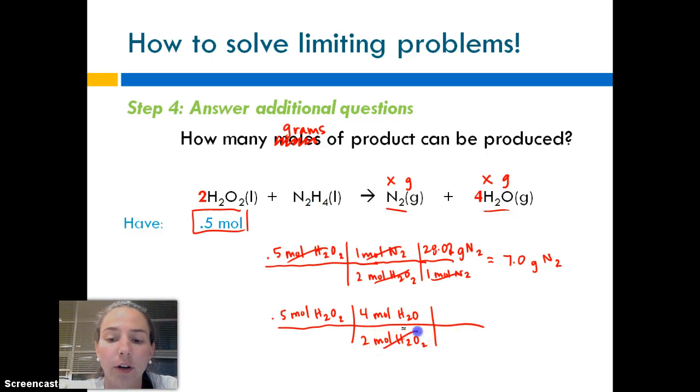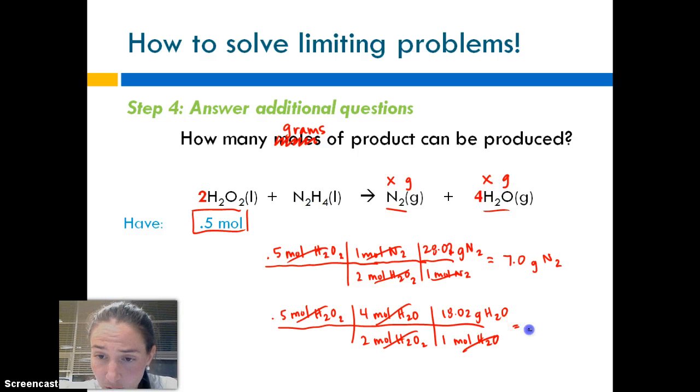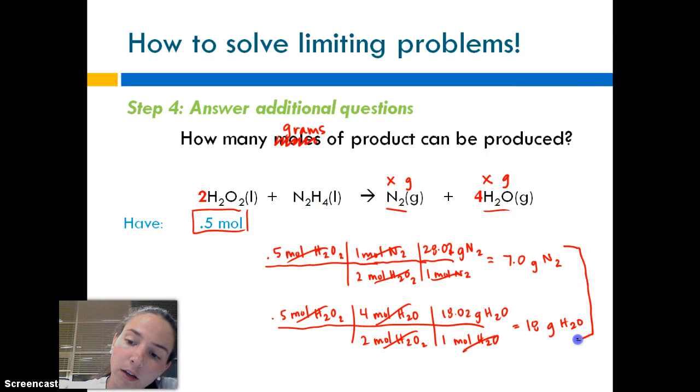Then I need to convert the moles of water into grams of water, and I know that 1 mole of water weighs 18.02 grams, and I would get that from the periodic table. Moles cancel, and when you do that math you get 18 grams of water. This is how much product I actually produce, and again, I found that using the amount of moles that I started with for my limiting reactant.